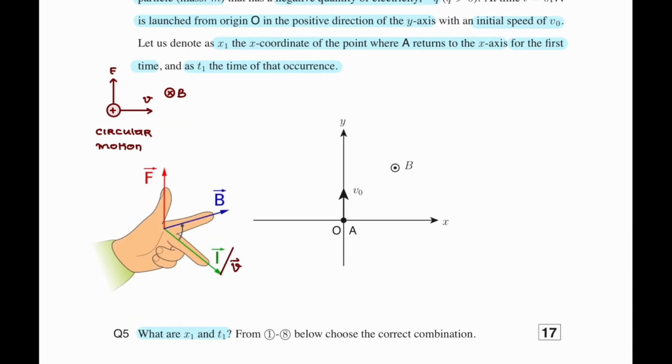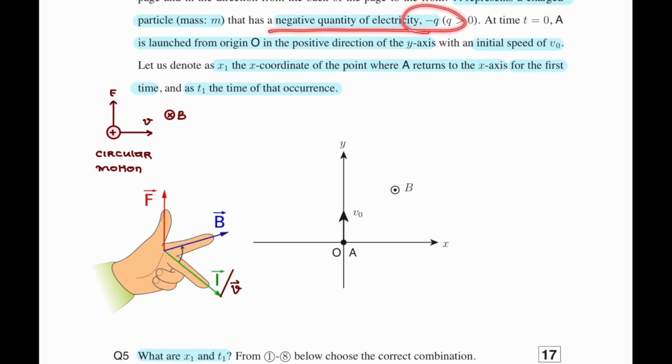So, if you use Fleming's left hand rule in this condition, your thumb will go to the right, and since the charge is negative, our force in fact goes to the left, opposite to the one you get from Fleming's left hand rule. Because once again, Fleming's left hand rule is used for a positively charged particle.